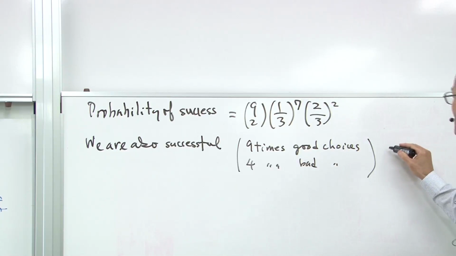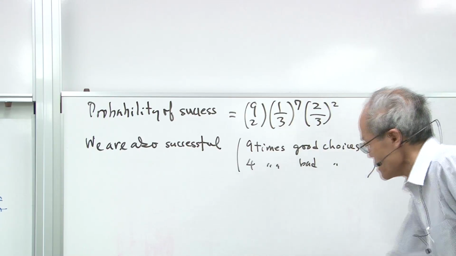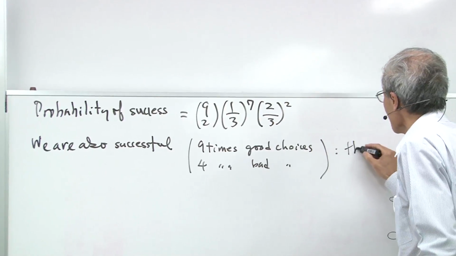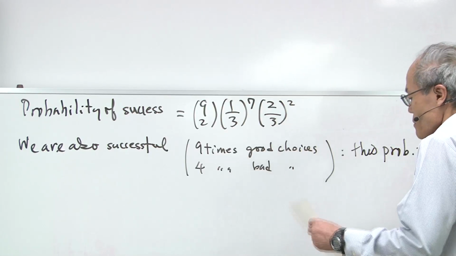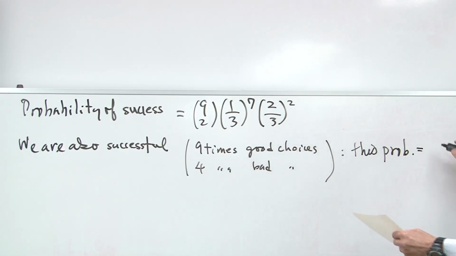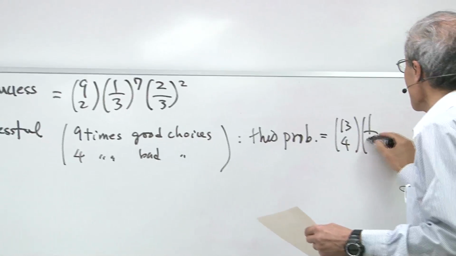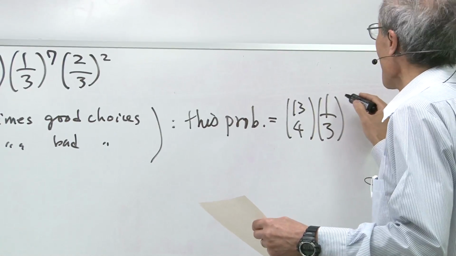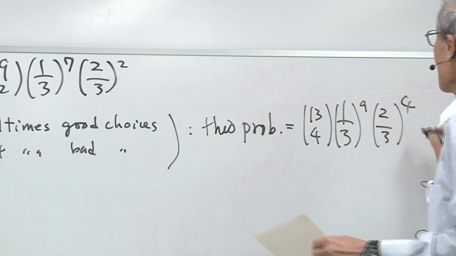The probability is, of course, 13 choose 4, times (1/3)^9, times (2/3)^4.